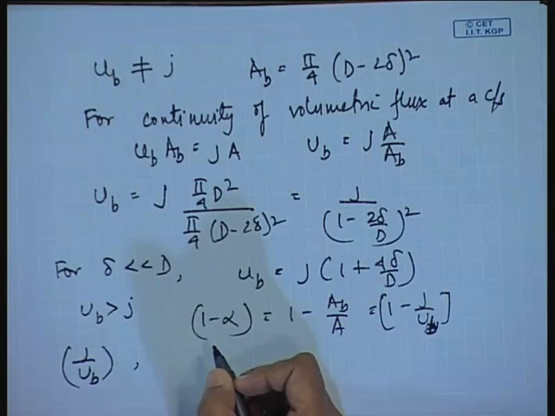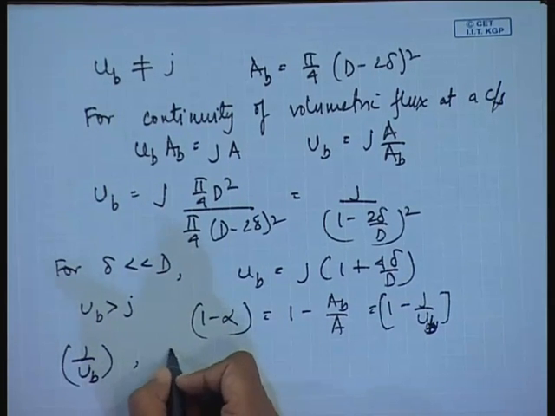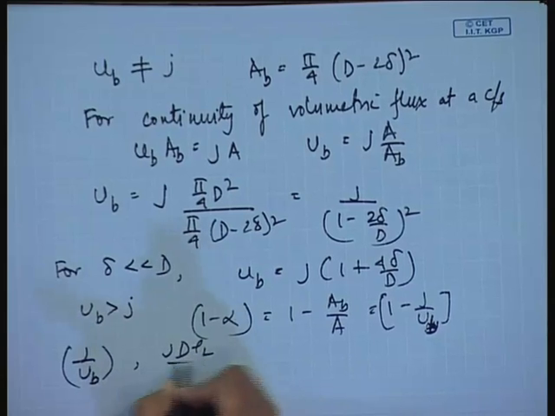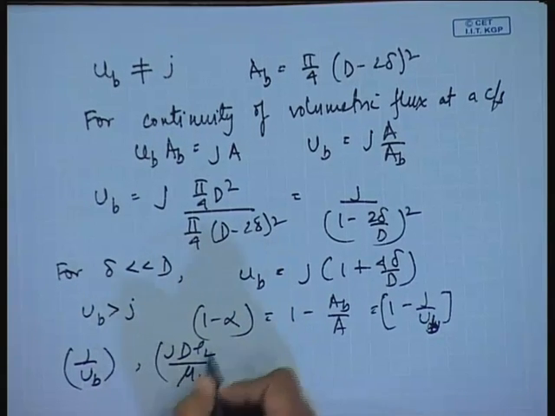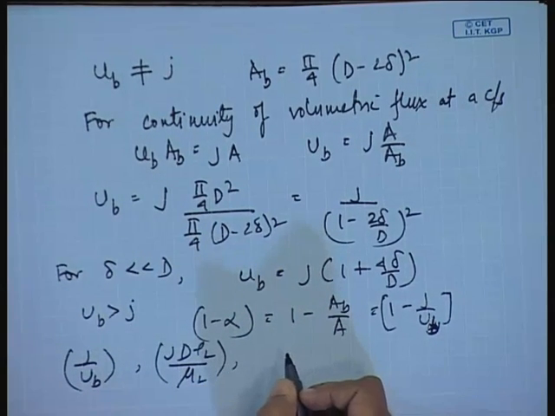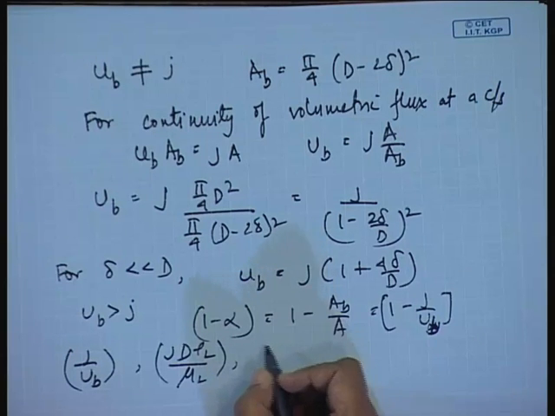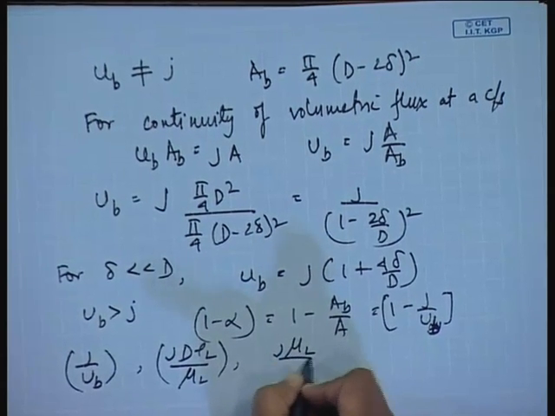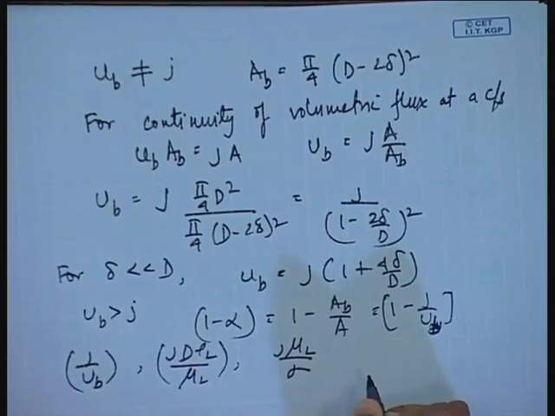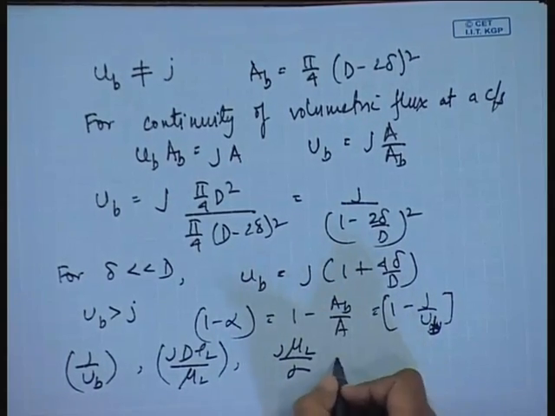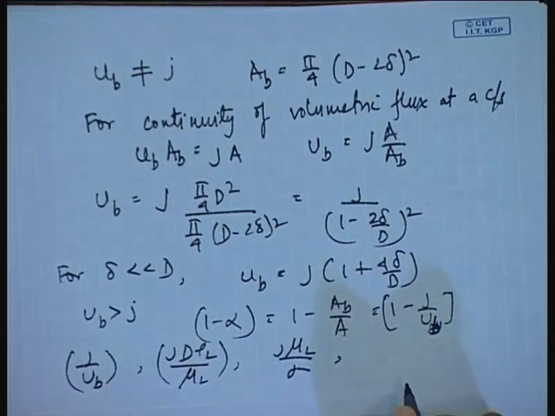Definitely a liquid slug Reynolds number is going to come here, which is J d rho L by mu L. This is going to be something very important. Then viscous force and surface tension forces have to be important. So, J mu L by sigma is another important term, viscous force by surface tension force. And when will this slug flow not happen?